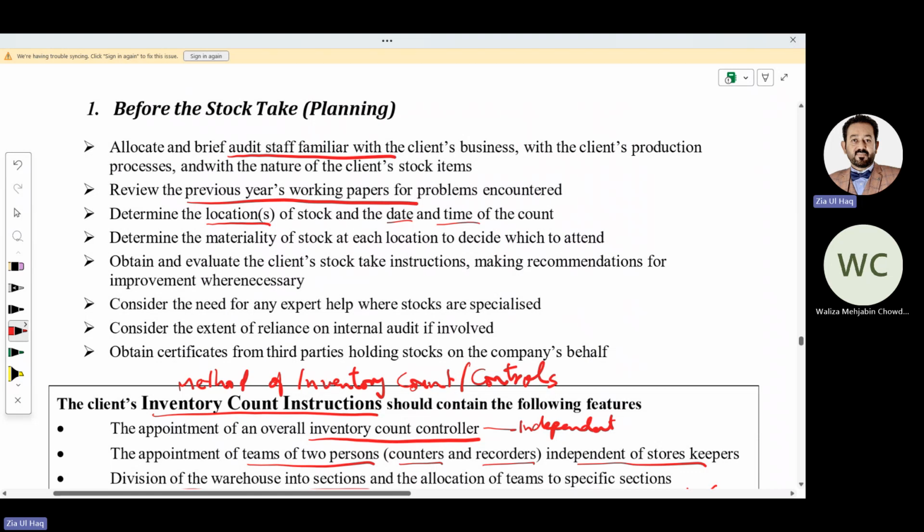I woke up late in the morning, like 10 o'clock, because I'm the auditor, had breakfast, and then there was a one hour journey from my home to the client place. I reached about 1 o'clock at the client premises. I called their manager: I am here, I'm the auditor, and I want to attend the inventory count. They said the count had been performed at 8 o'clock in the morning.